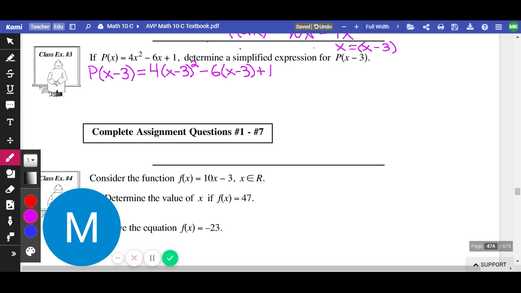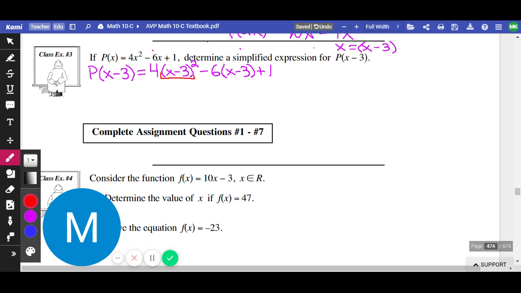Okay, to simplify our expression, we're going to have to actually expand this all and then collect like terms. Expanding this is going to be a little hard, right? That's unit 2, polynomials. The expansions that we have to do start right here. This is a binomial squared, so that doesn't mean we can bring the squared in. This means we have x minus 3 times x minus 3. So we actually have to do an area diagram.